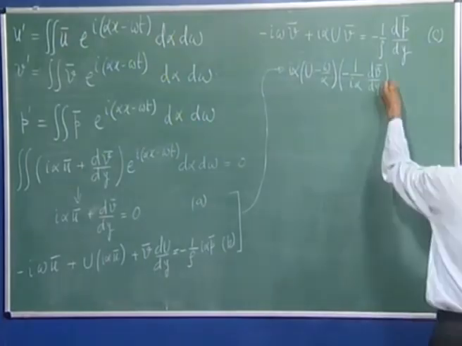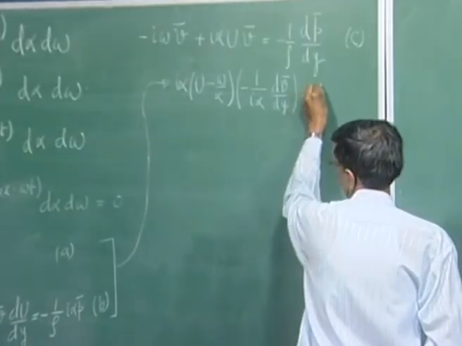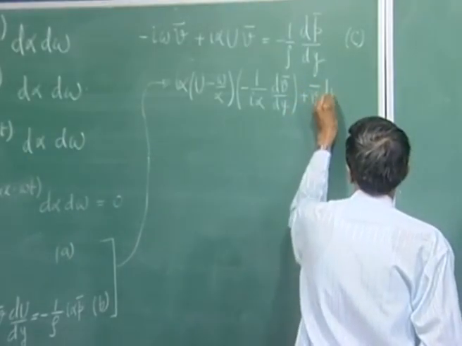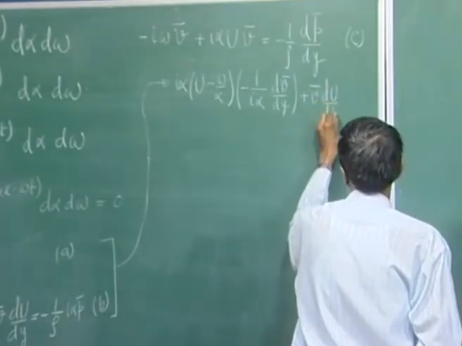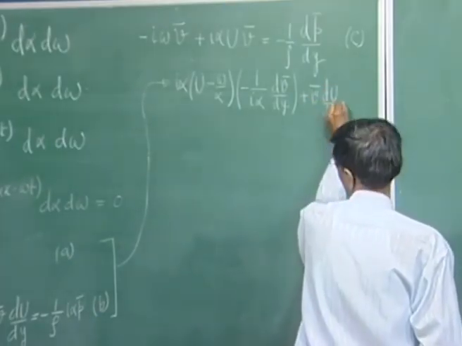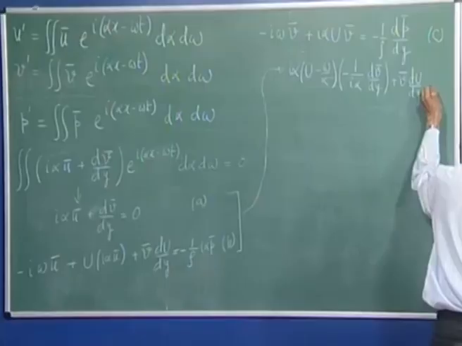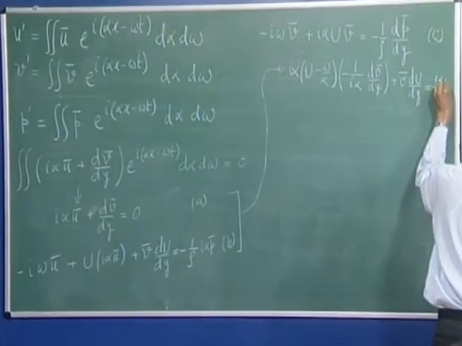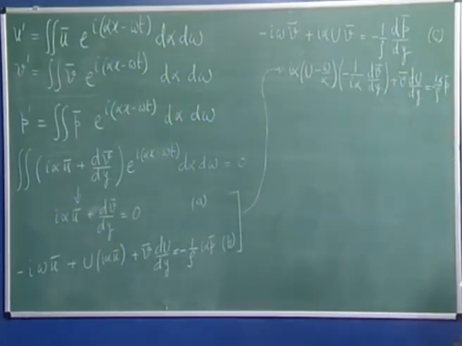Then of course I have the V bar term, so that is V bar du dy, and that is equal to minus I alpha by rho P bar. Okay?